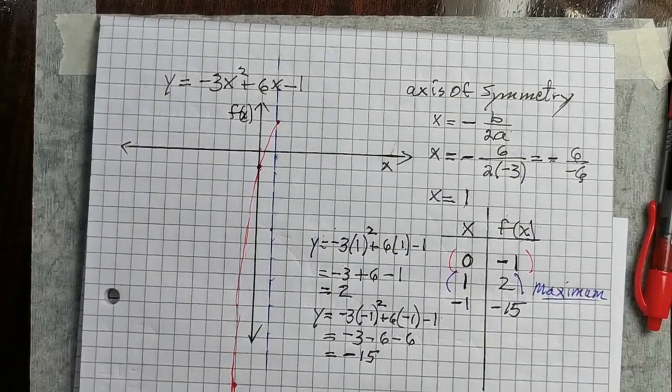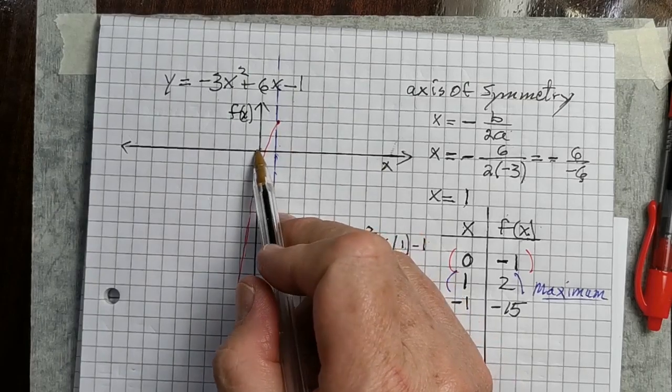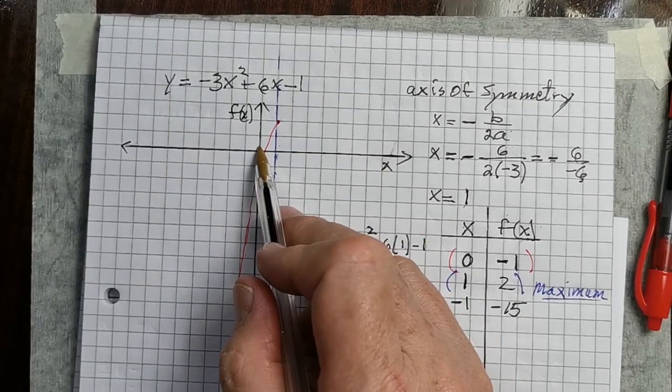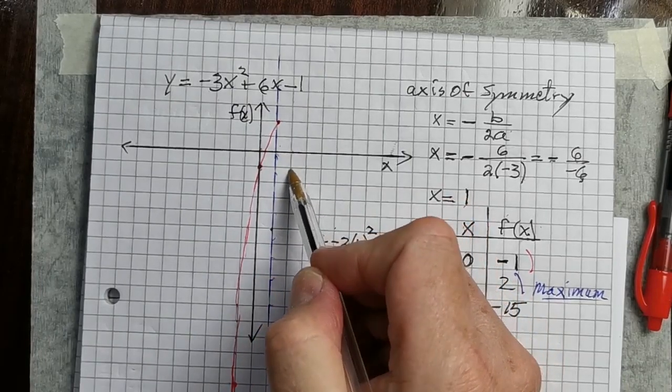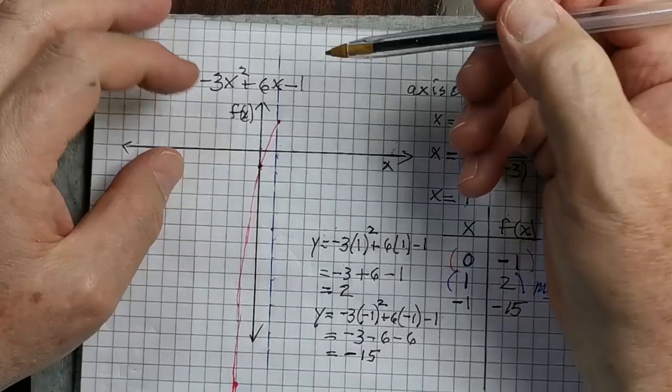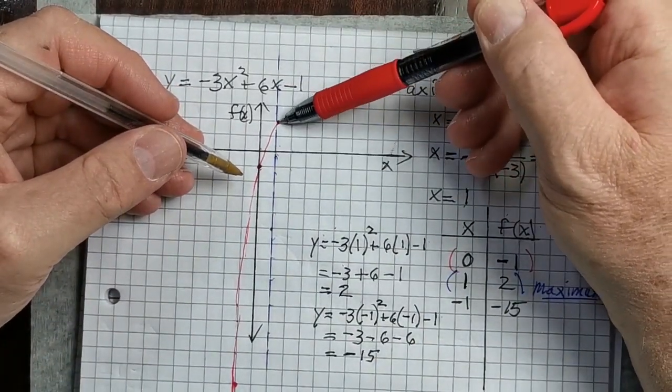So if you think about it, when I put in 0, I got negative 1. When I put in 2, I should get also negative 1, shouldn't I? Because it's symmetrical. So think about this. This is my axis of symmetry.